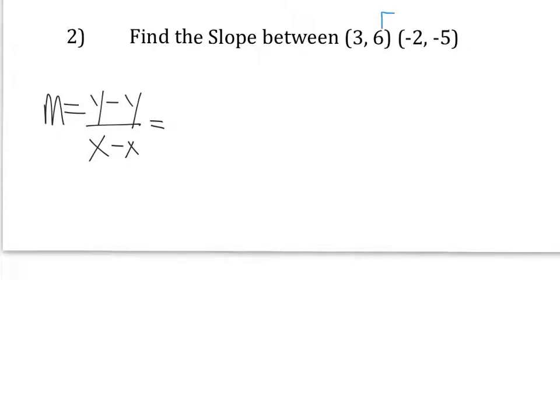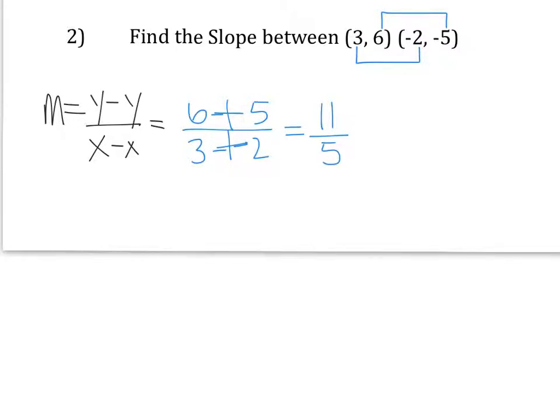So, subtracting my y's is 6 minus a negative 5 over, here's the x's, 3 minus a negative 2. The double negatives will change to positives, giving you 6 plus 5, which is 11, over 3 plus 2, which is 5. Now, we cannot simplify this fraction, therefore, this is our answer. Our slope is 11 over 5.